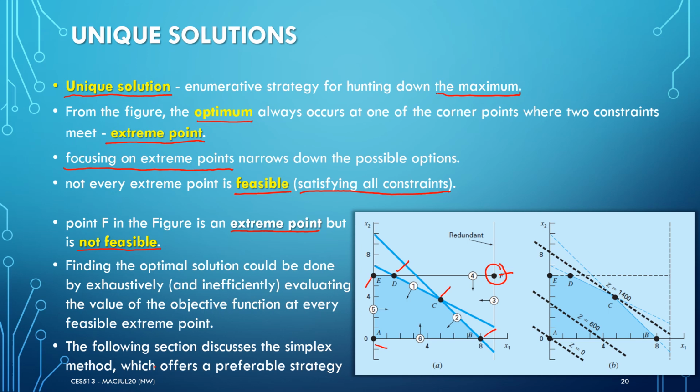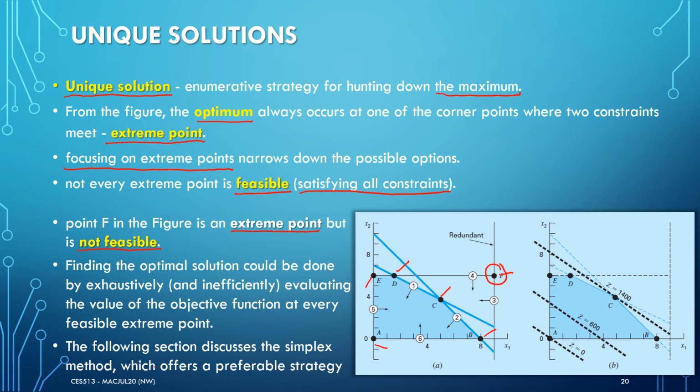So limiting ourselves to feasible extreme points narrows the field down further. Finally, once all the feasible extreme points are identified, the one yielding the best value of the objective function represents the best solution.